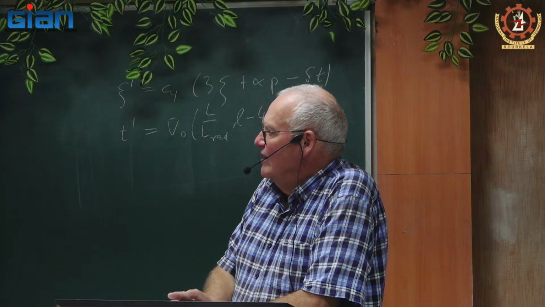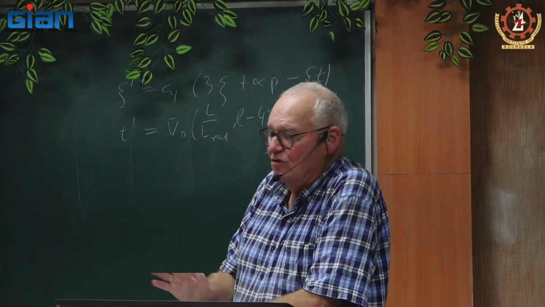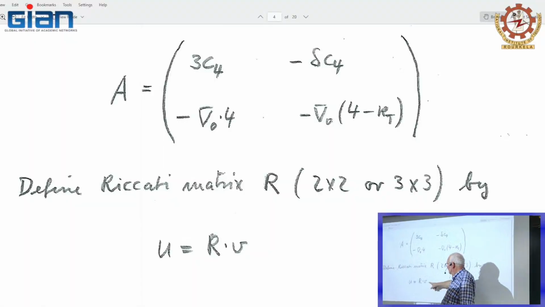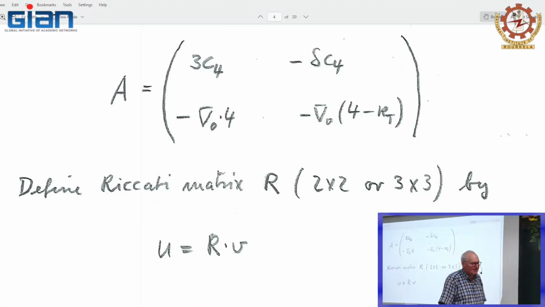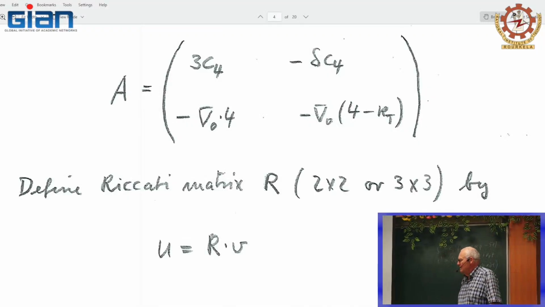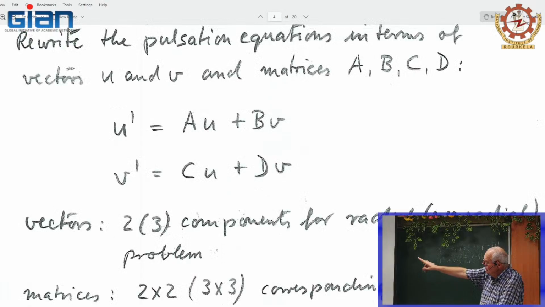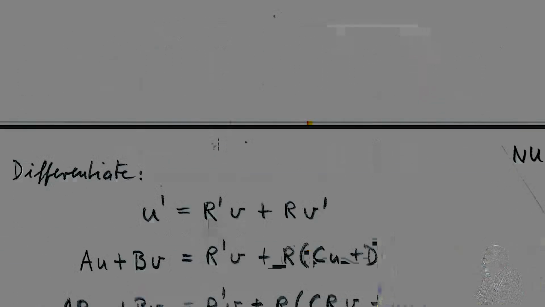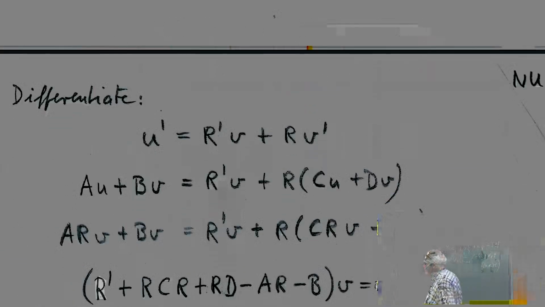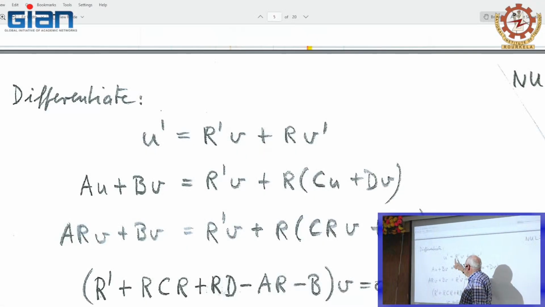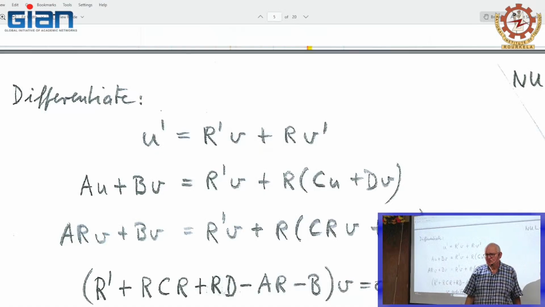Now we define a Riccati matrix R, either 2 by 2 or 3 by 3 matrix, times V, U equals R times V. Okay, now let's differentiate this relation and insert from the original equation. U is R times V, so U dash is R dash times V plus R times V dash.